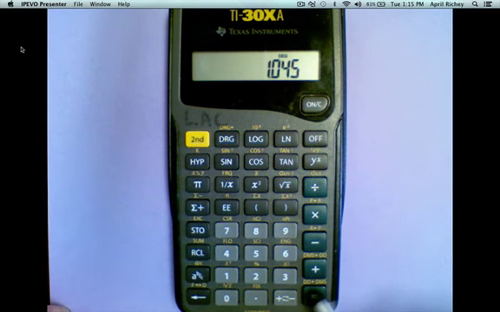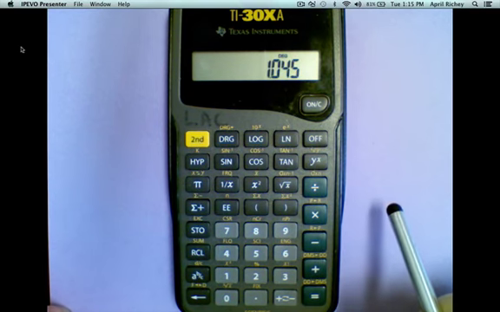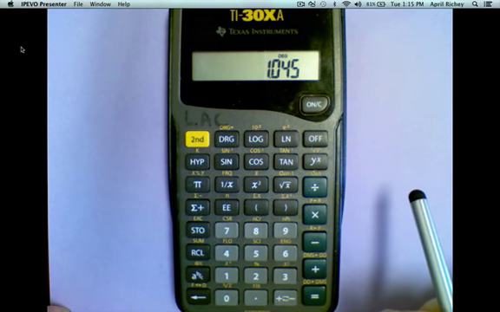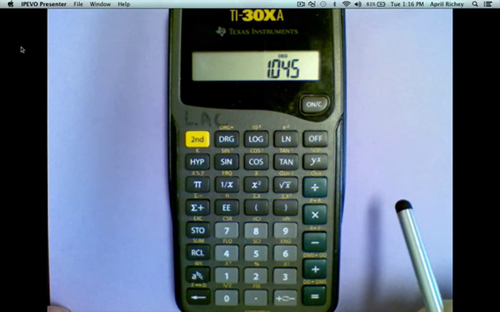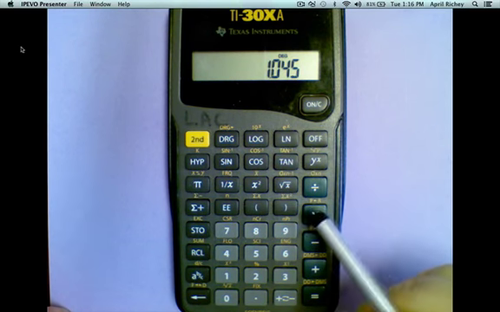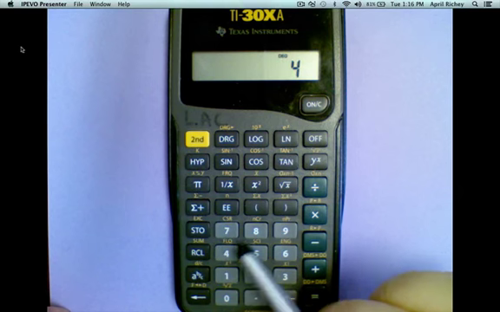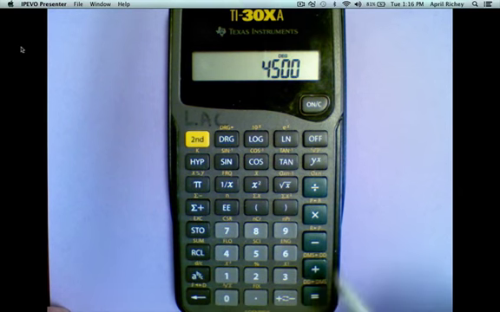So if I hit equals, your calculator has multiplied the 0.09 times 6/12 and then added the 1 to get 1.045. With this in your calculator, we're now going to multiply by the 4,500. So I'm going to say times 4,500.